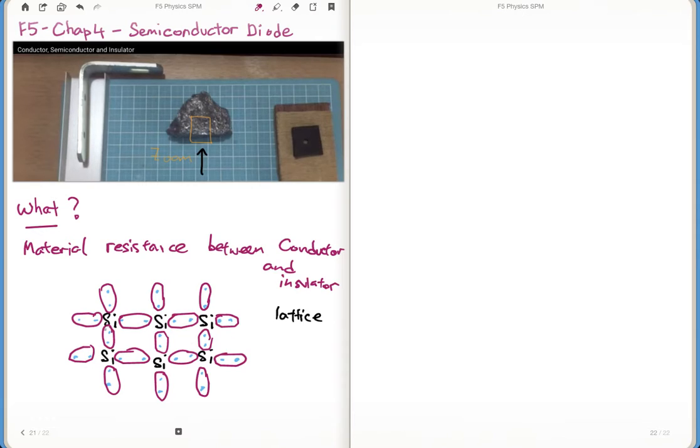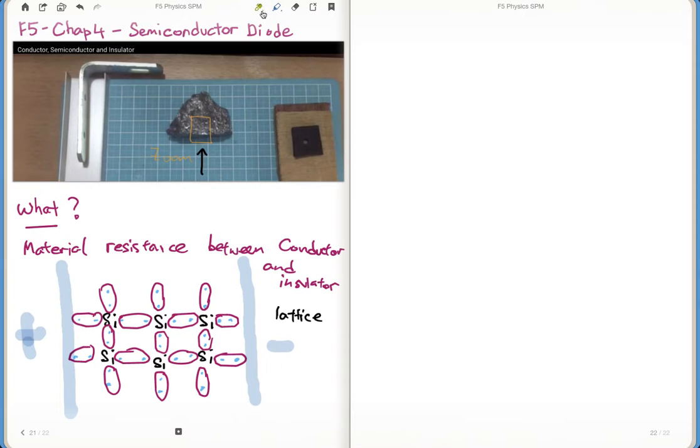So what happened when you look into this video? I use a DMM to connect it. Say for example, if I were to connect them to positive and negative, what happened? It doesn't conduct, right? I sandwich this material with a positive and negative potential difference.